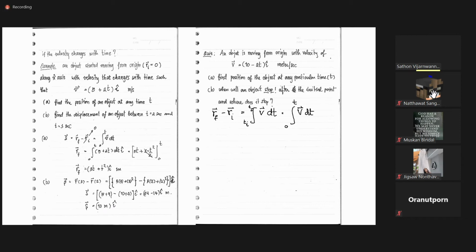They said find the position of the object at any particular time. First they said the object starts from origin.